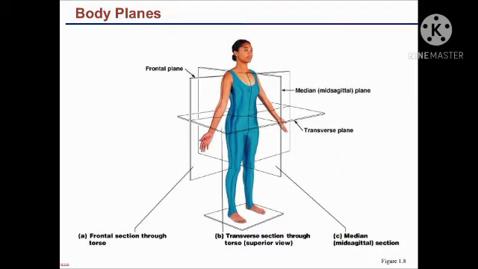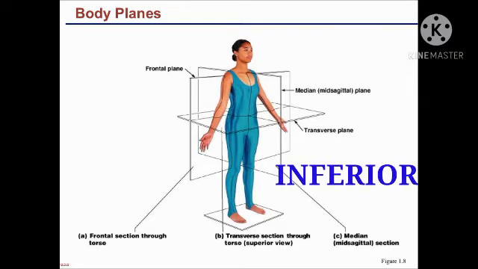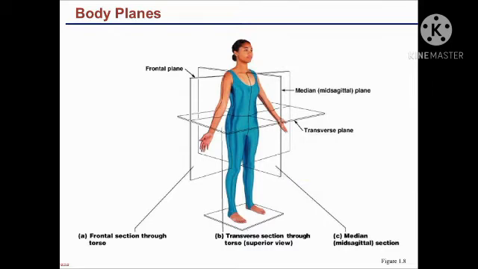If something is towards the upper part, it's superior. If something is on the lower part, it's inferior. For example, we can say the breasts are superior to the waist and the feet are inferior to the waist.